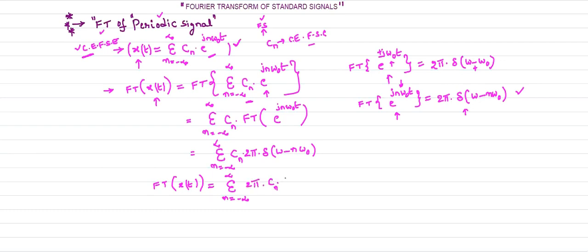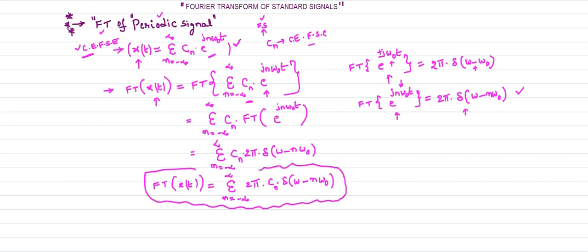So Cn into delta of omega minus n times omega naught. This is a very important formula. This is your x of j omega. So this is the formula for the Fourier transform of the periodic signal.